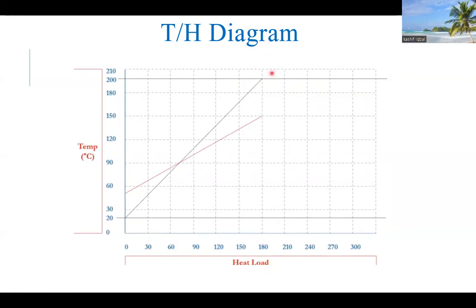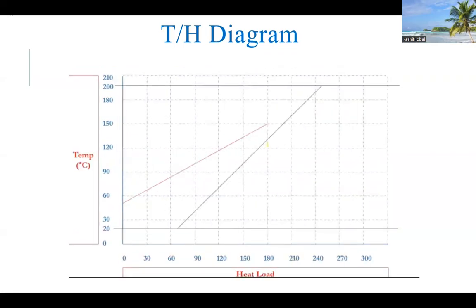We will do it by shifting the cold stream downward like this. We will shift the stream so that the temperature would not change. The temperature of this stream before and after is the same, but the total load of this stream shifts from here to here.